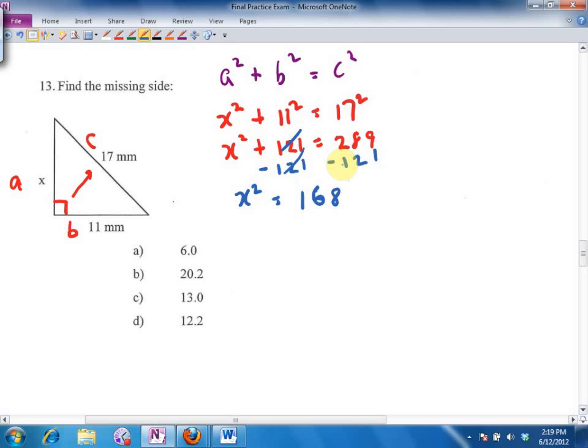And is that it? No, that's not the answer. How do I get the answer? Well, I have to get rid of the square, so I have to square root. Exactly, square root. And x equals 12.96 or something like that, right? Yeah, I remember someone last class said that, so I know it rounds to 13.0.